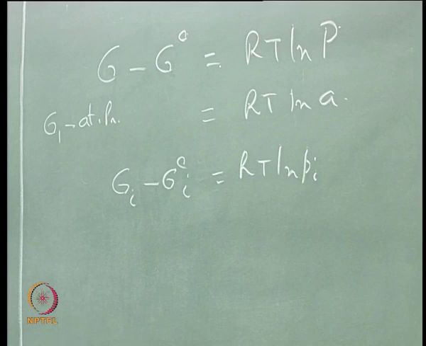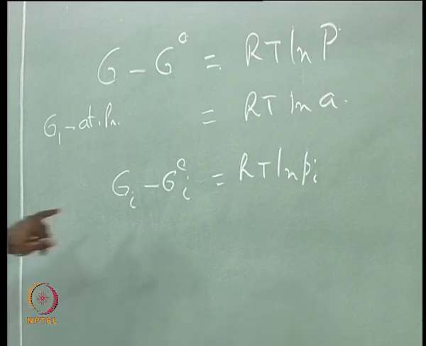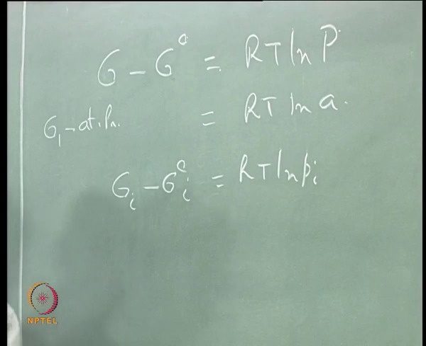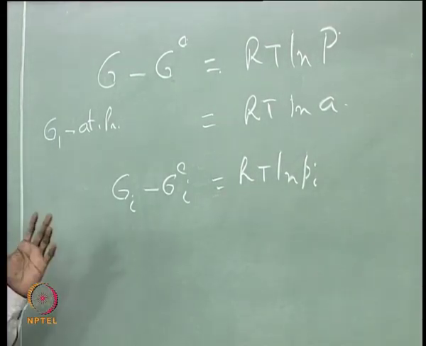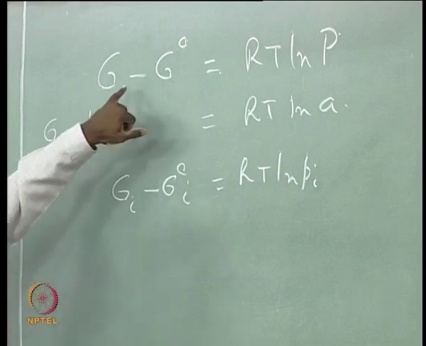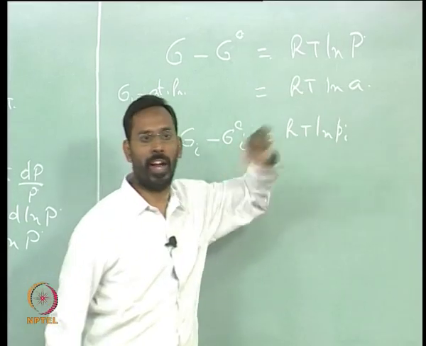If there is a mixture of a number of gases, for the ith gas you can always write this expression. So this is how we can express the free energy changes in terms of activities.